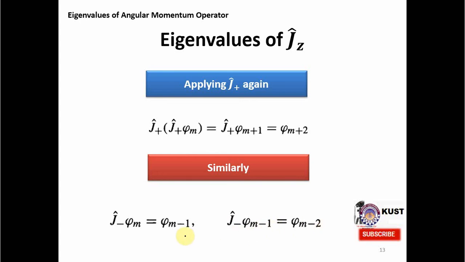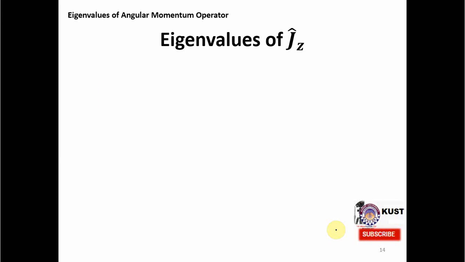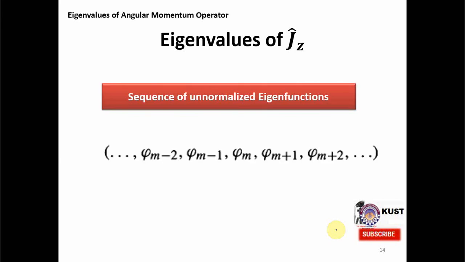So whenever it is acting on phi m, it is taking it one level down, and on phi m minus 1, it is taking it further one level down. So with the help of these ladder operators, now we are able to construct the whole sequence of the unnormalized eigenfunctions. By unnormalized, I mean that at the moment we don't care about the normalization. We just want to construct a theory where you can see this whole sequence is constructed.